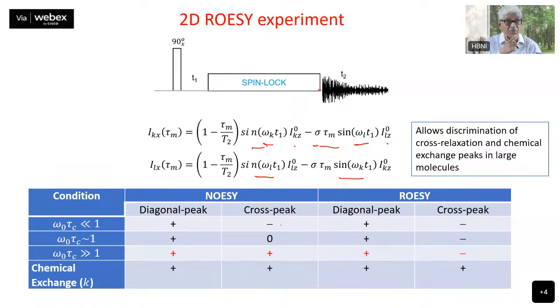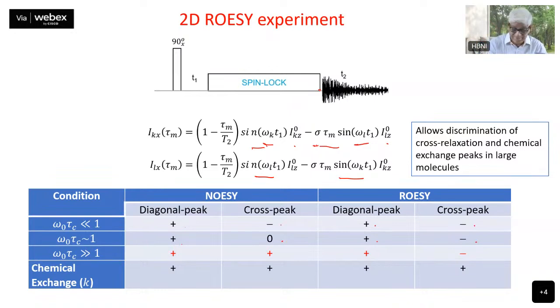We saw this on a particular example. And in the ROESY, that is the same. Diagonal peak is positive, cross peak is negative. Omega naught tau c approximately equal to 1: the diagonal peak is there, but the cross peak is 0. And in ROESY, the diagonal peak is positive, cross peak is negative. Okay, there is no difference here.